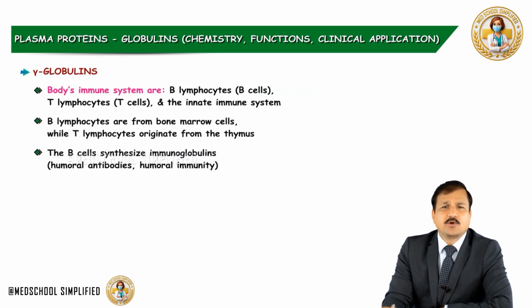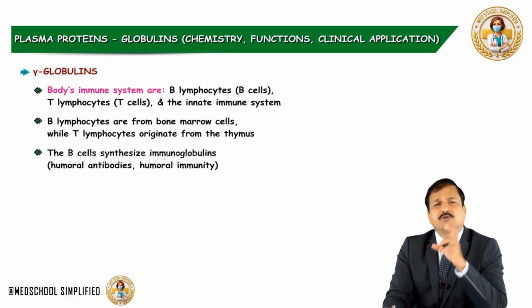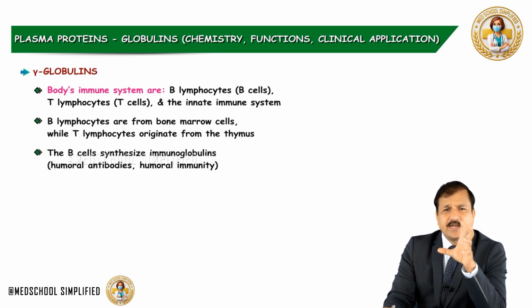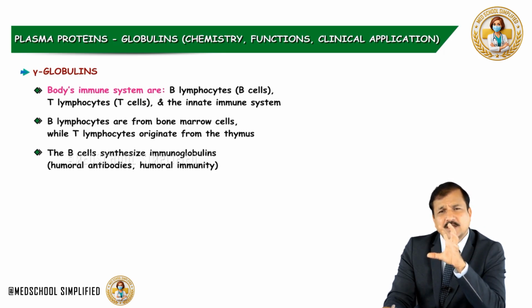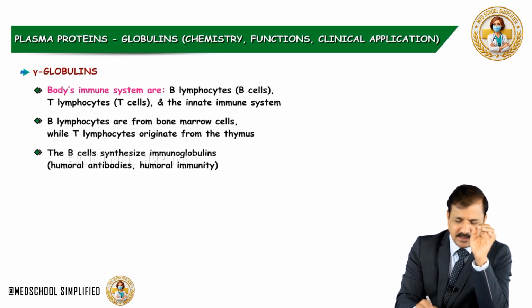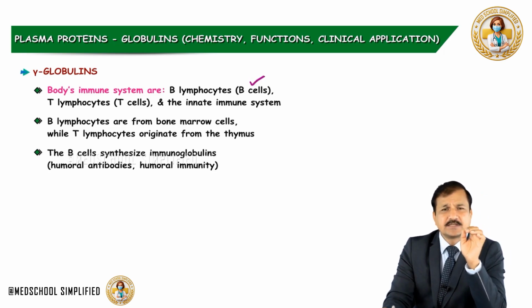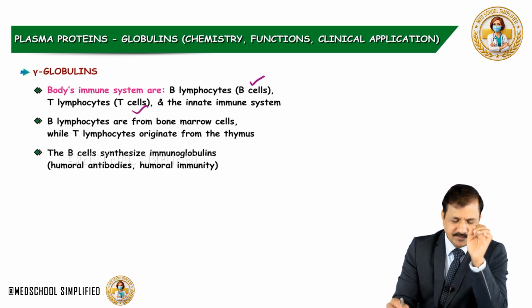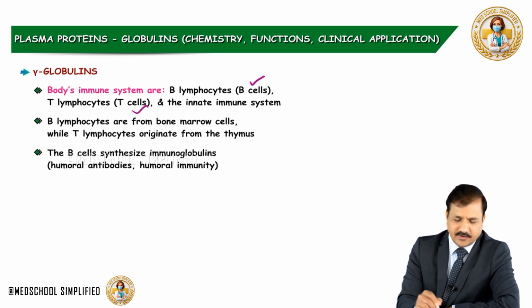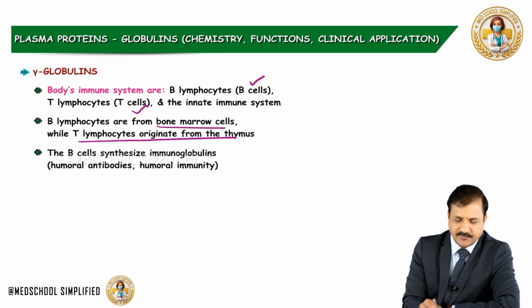Coming to gamma globulins. The body's immune system is maintained by B cell lymphocytes, T lymphocytes, and the innate immune mechanism. The B lymphocytes are referred to as B cells, and T lymphocytes as T cells. The B lymphocytes come from bone marrow, while T lymphocytes originate from the thymus.